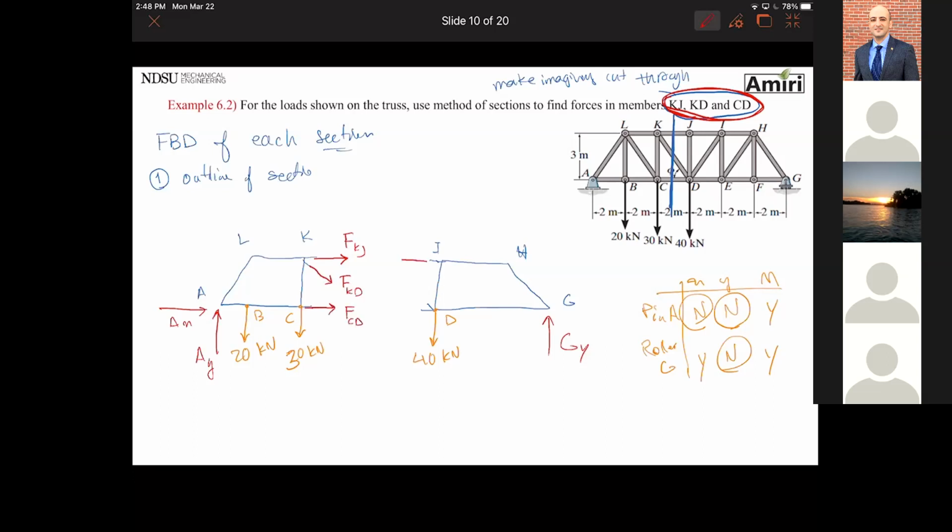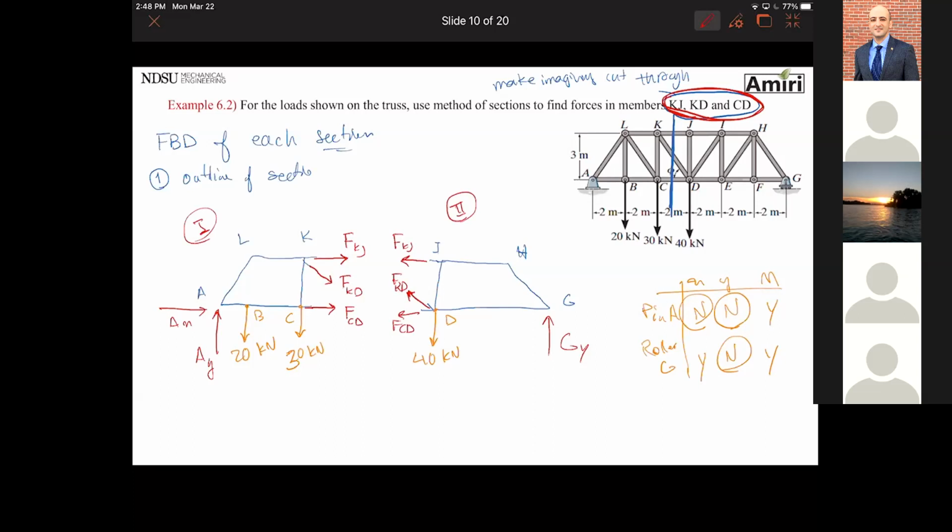The other side, same thing, opposite direction: KJ, KD, CD. Okay. So now you have 2 options. You can pick free body diagram number 1 and solve it, or you can pick free body diagram number 2 and solve it. You can do it either way, right?